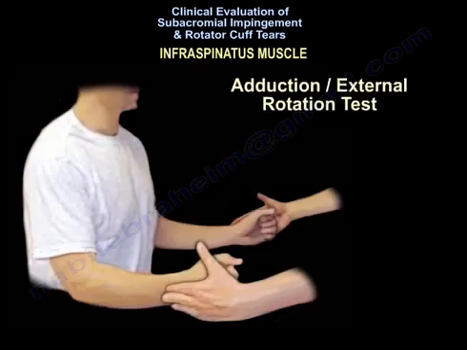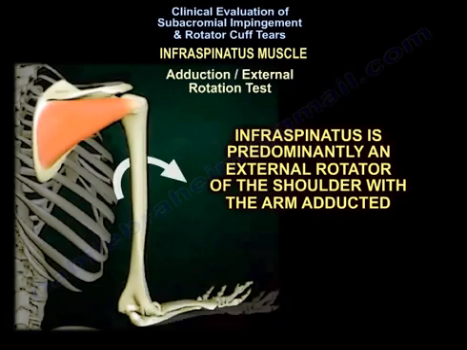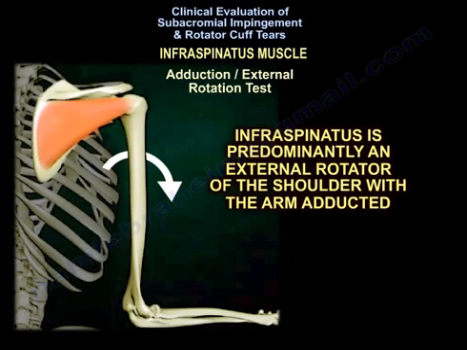Another test is adduction and external rotation test. This is the test used for the infraspinatus muscle. The infraspinatus muscle is predominantly an external rotator of the shoulder with the arm adducted.